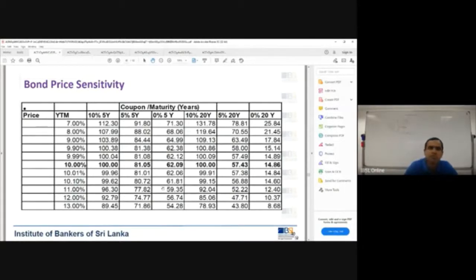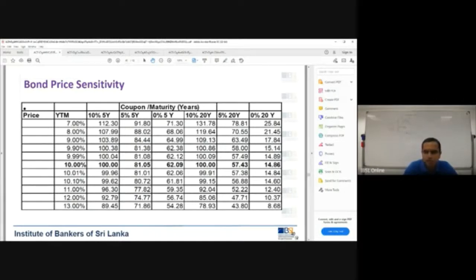Also, if you move on to the next column, you will see 20-year bonds being analyzed with coupons of 10%, 5%, and 0%, right? At a 10% yield and 10% coupon, the price is 100, and as the coupon keeps dropping, the price also drops. A 20-year 0 coupon bond is going at 14.86.